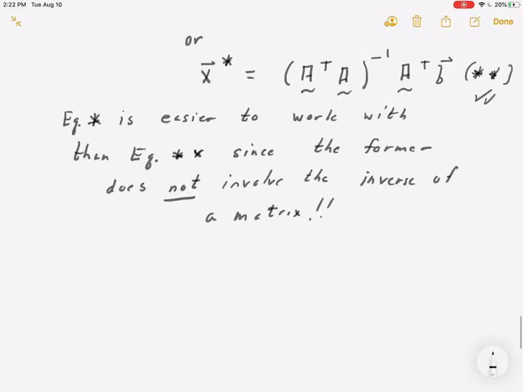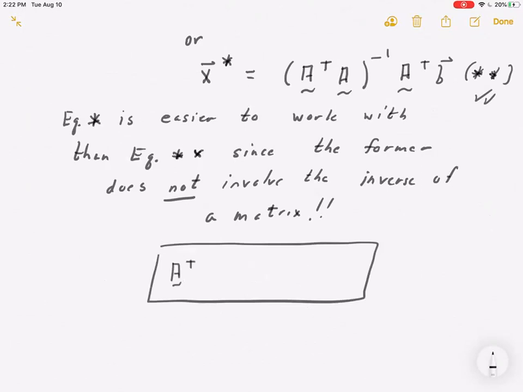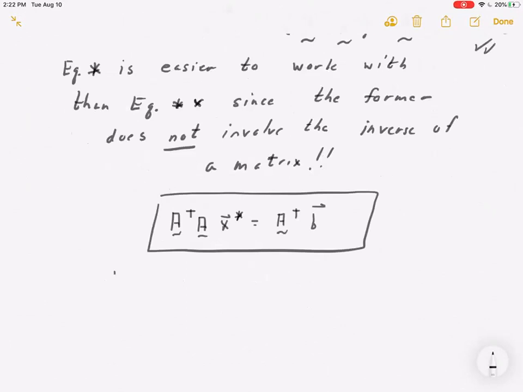Okay, so having said that, let's write again the normal equation. Transpose of A times X asterisk equals the transpose of A times B. What do we know? So we're given A, which again is just a matrix whose columns are A sub 1 and A sub 2.